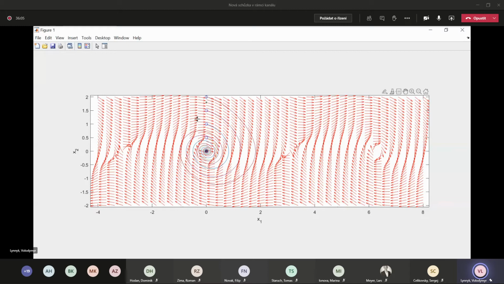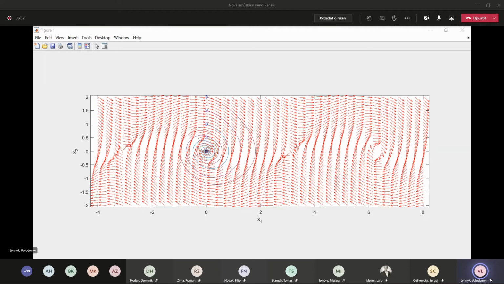But we can try to start with another initial condition and try to go to another equilibrium point, because here it is the same. We have a stable node, a stable focus here, and a saddle point.